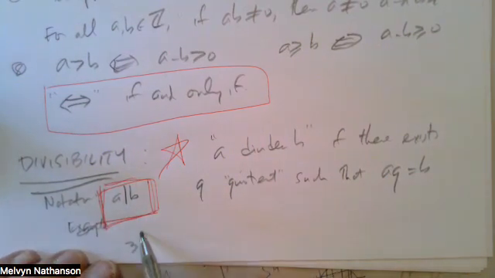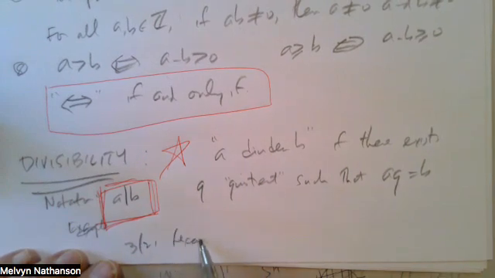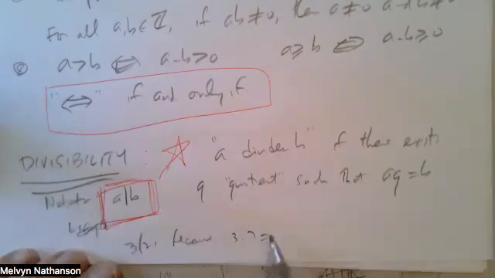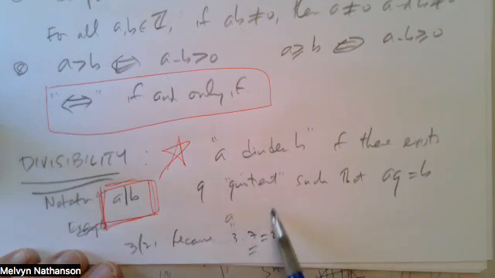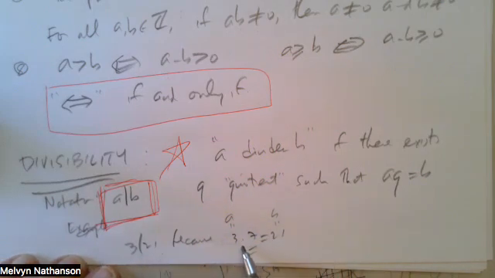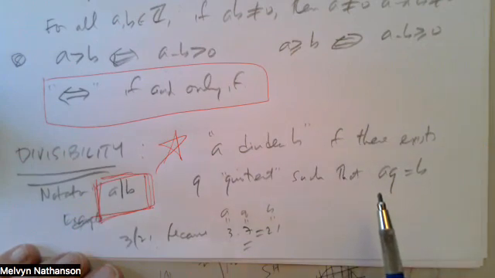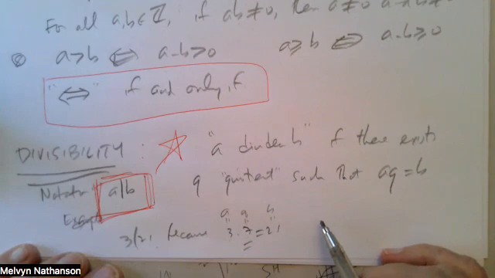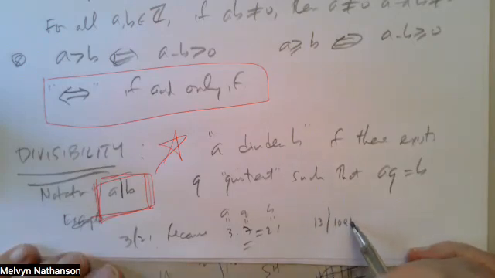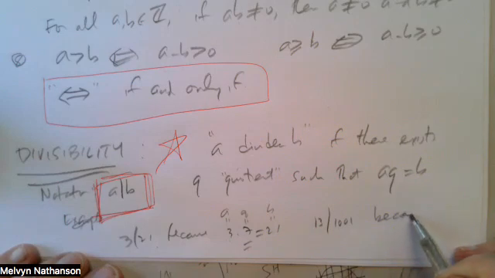So for example, 3 divides 21 because 3 times 7 is 21. And the 7 is the quotient. So here, a is 3, b is 21. 3 divides 21 because 3 times some number q, in this case q is 7, is equal to 21. Or 13 divides 1001 because 1001 is 13 times 77.